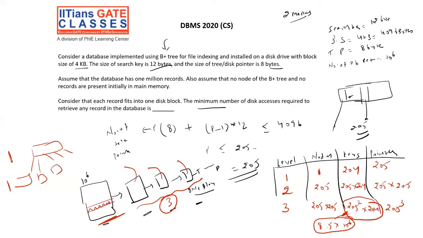So 3 plus 1 is equal to 4 block accesses required to retrieve the record. The answer will be 4.